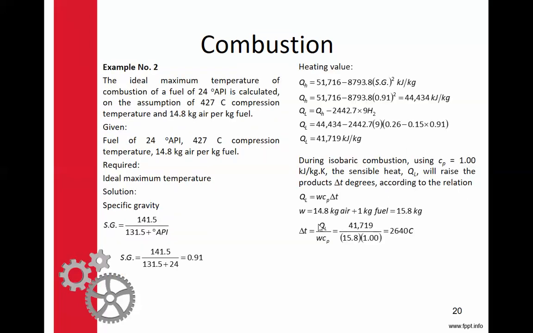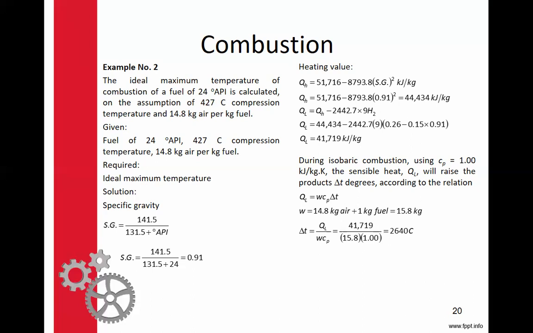So during isobaric combustion using CP as 1.0 kilojoule per kilogram, the sensible heat QL will raise the product delta T degrees according to the relation QL is equal to W CP delta T, assuming the efficiency is 100%. W is 14.8 kilogram plus 1 kilogram fuel, approximately 15.8 kilogram, approximate lang niya.